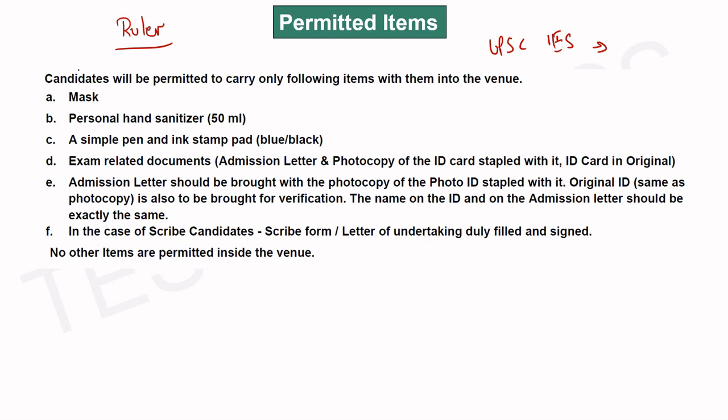So with that background, if you want to be absolutely on the safe side and go by what is written, you should carry only a single pen, and use that even for drawing diagrams and all those things. And if you can carry a ruler, it will be useful. You can draw straight lines wherever you need using that ruler if you want to be on the safe side.